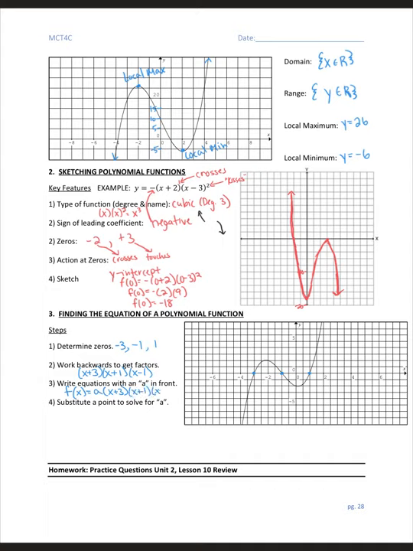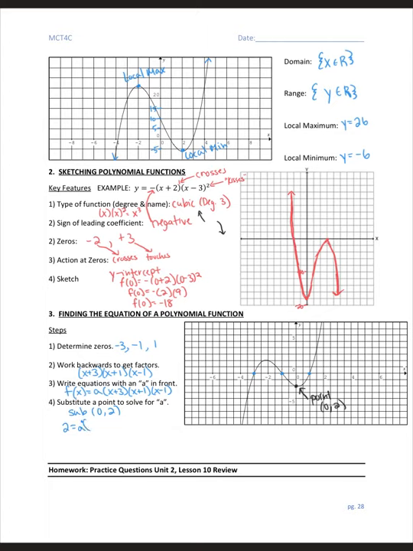And then finally, we have to put a point into that equation to figure out what a is going to be. So let's choose a point that falls right on the grid line, which I think this is a good point here. It's our y-intercept. So we have a point at 0, 2. So we're going to substitute that point in. Into our general equation. So substitute 2 in for our y. We don't know our a yet.